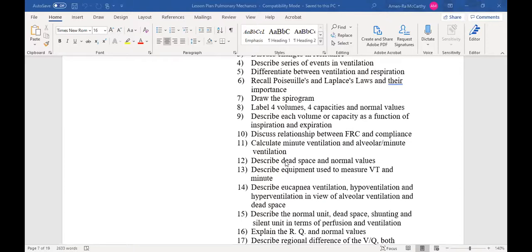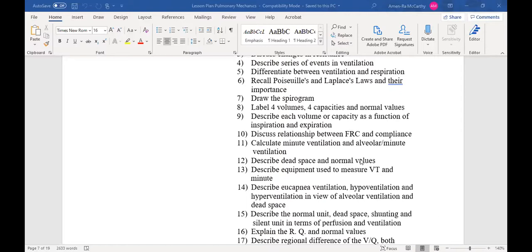You're going to have to describe dead space and the normal values. Dead space is any of the gas that's in the conducting zones. Any gas that's not participating in the magic. It's just wasted ventilation. All of the gas in your trachea right now, all of the gas in your left and right mainstem bronchus, the gas that's sitting in your bronchi, bronchioles, terminal bronchioles, all of that is simply wasted ventilation, also known as dead space, because it's not participating in the magic.